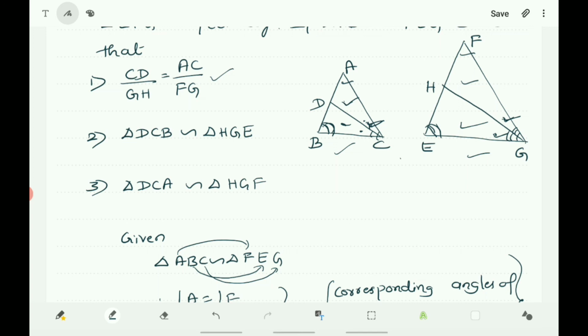And also here again you can take the help of halves of equals are equal, that is angle DCB is equal to angle HGE.